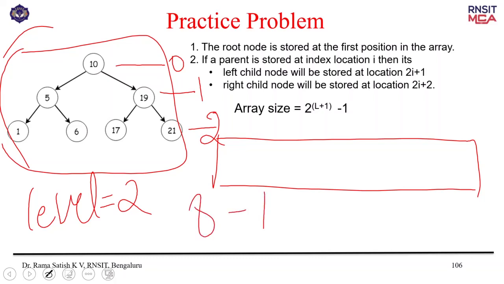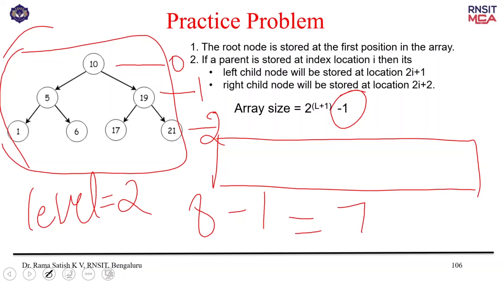8 minus 1. Why do we do minus 1? Because we start from index 0. So in order to store a tree of levels 0, 1, 2, you require 7 index positions. That is an array of size 7.